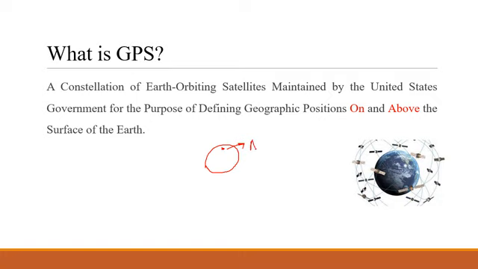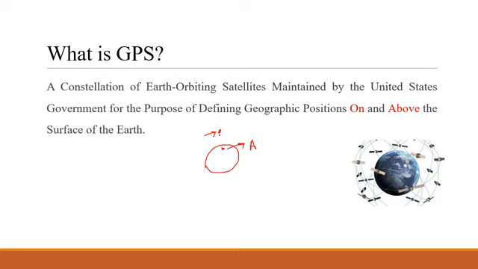So the US government used the satellite-based system to see where a point is located. It might be on the Earth's surface or it can be above the Earth's surface. For example, this is above the Earth's surface. If you want to trace an aeroplane, it is above the Earth's surface. So for this purpose, the United States government used a constellation of Earth orbiting satellites, which is known as GPS.